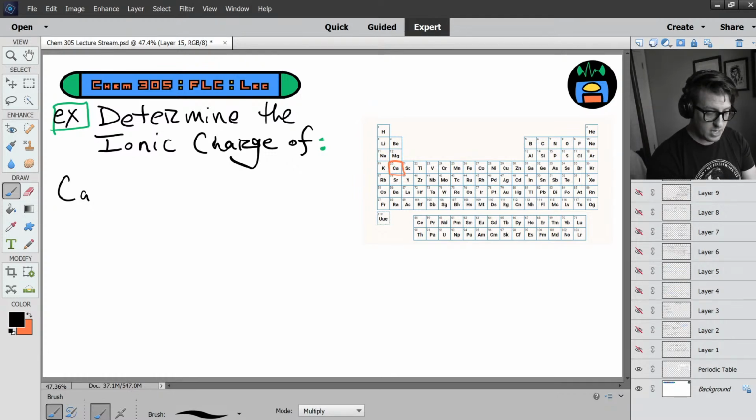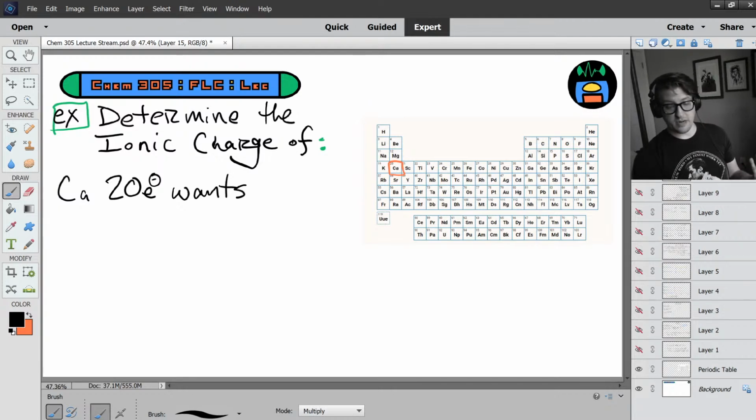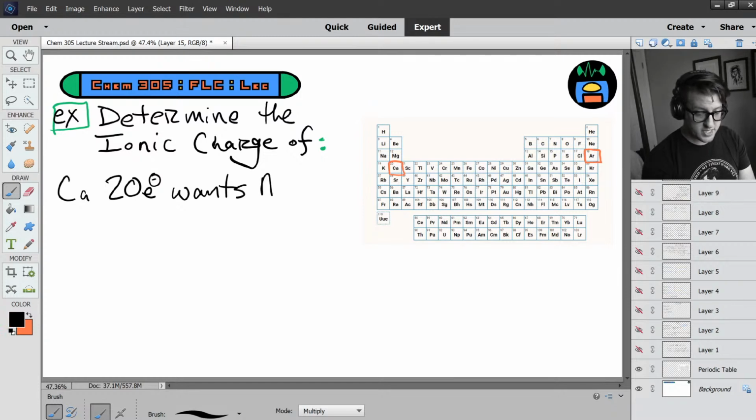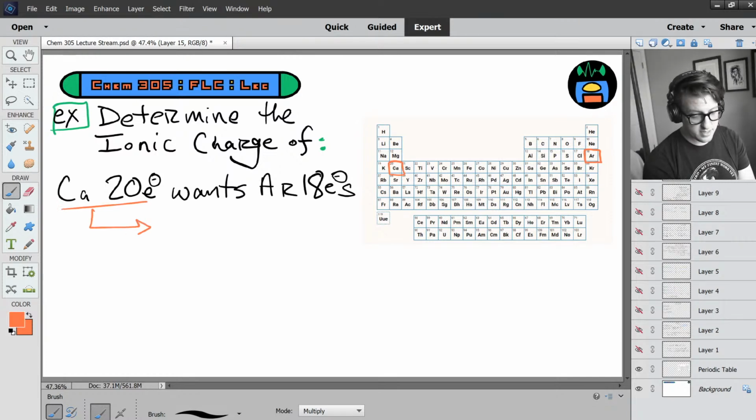Calcium has 20 electrons, and we've got to find its nearest noble gas, which is going to be argon. So it wants to be argon with 18 electrons.